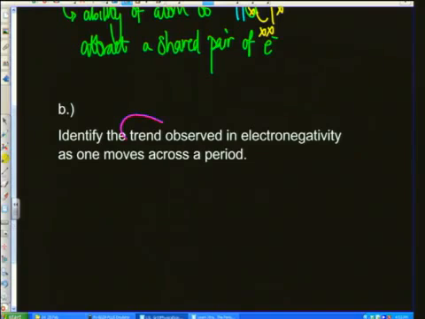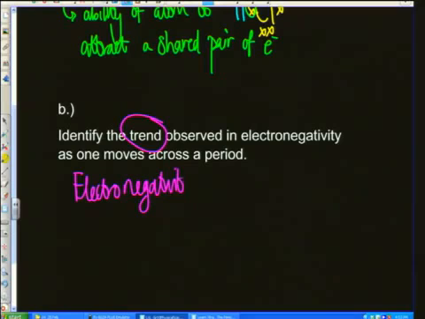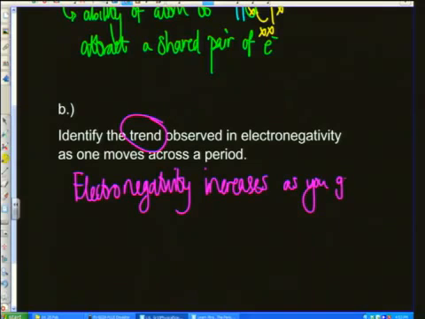Identify the trend. We spoke about this trend earlier. As one moves across the period, we would say electronegativity increases as you go across a period.